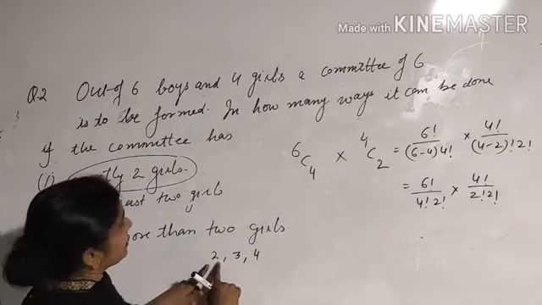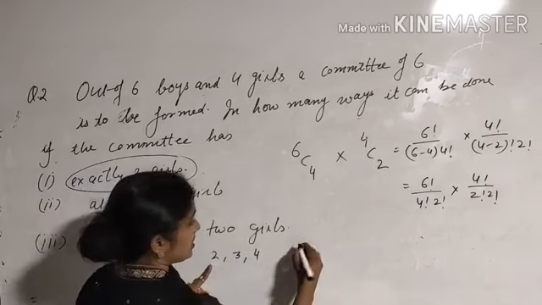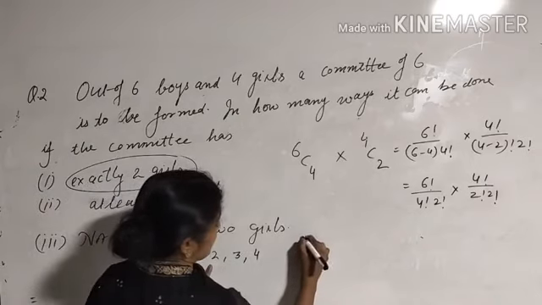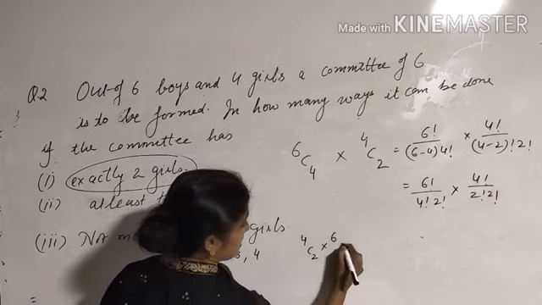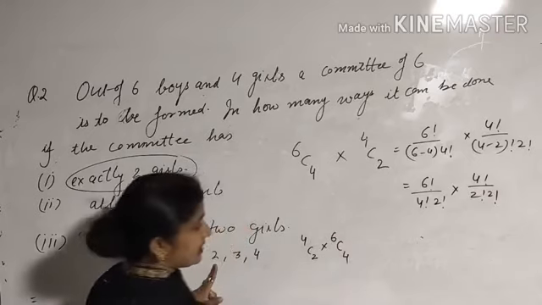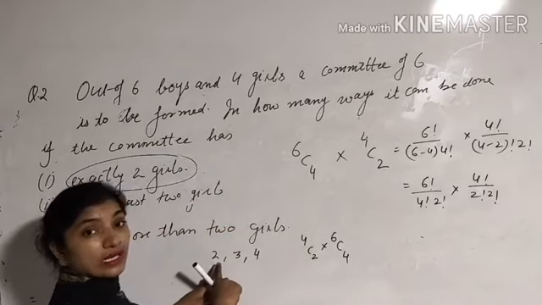So, in case of 2 girls, we must have 4 boys. So, it's 4C2, 2 girls and 4 boys. This is the number of ways when we have 2 girls.